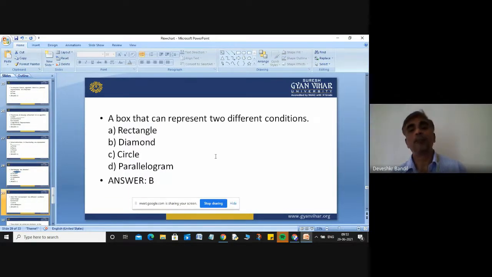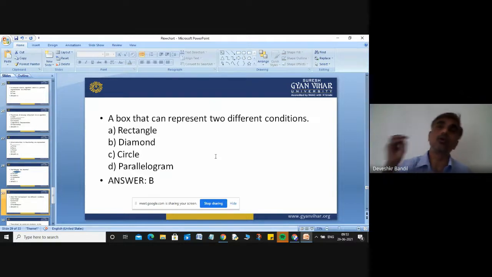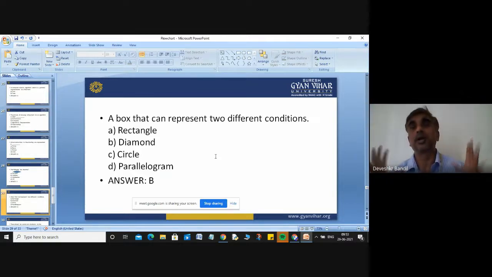A box that can represent two different conditions: rectangle, diamond, circle, and parallelogram. Always your condition you mention in the diamond shape.